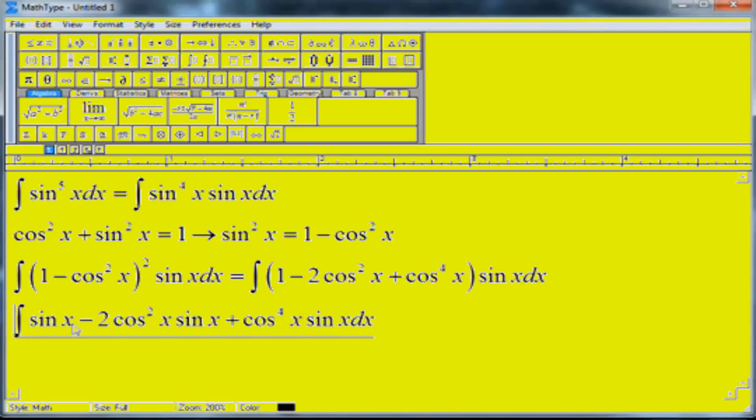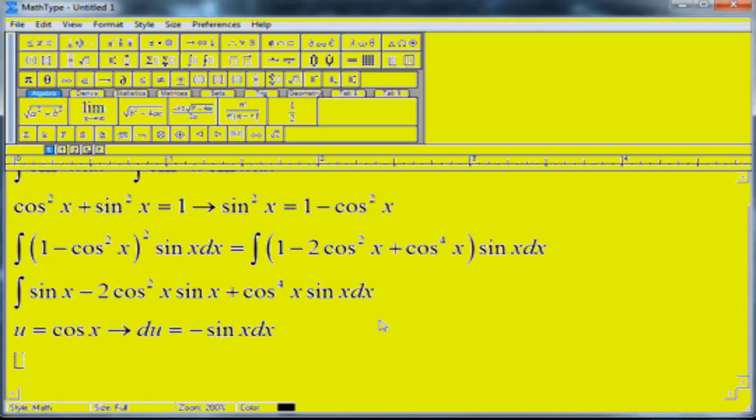In this one, obviously it's negative cosine. That one's simple. This one we make u cosine. This one we also make u cosine. So if u equals cosine of x, then du equals negative sine of x dx.